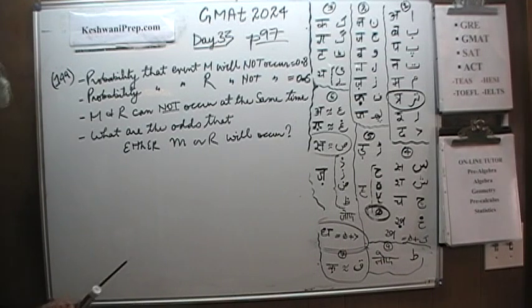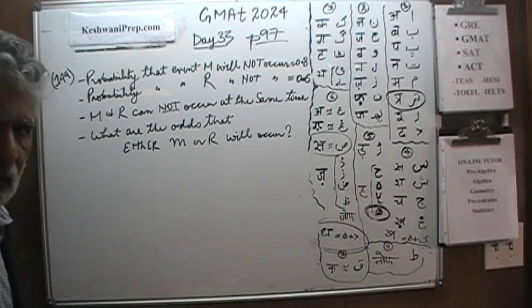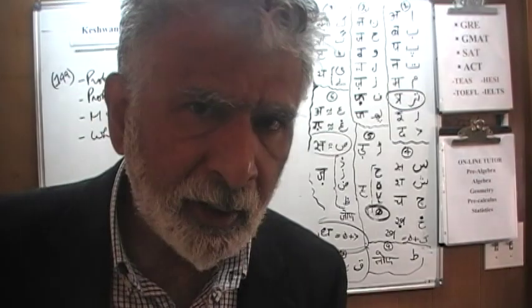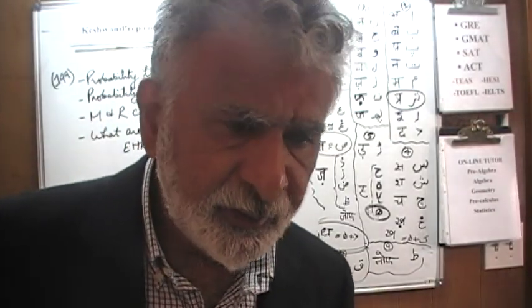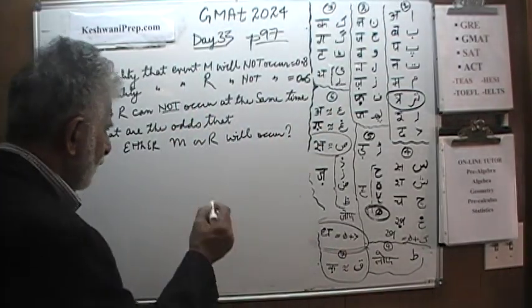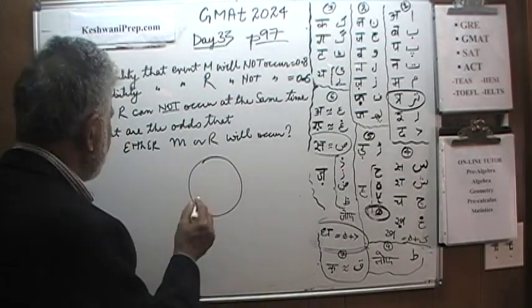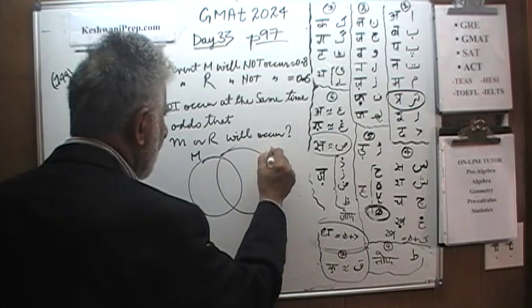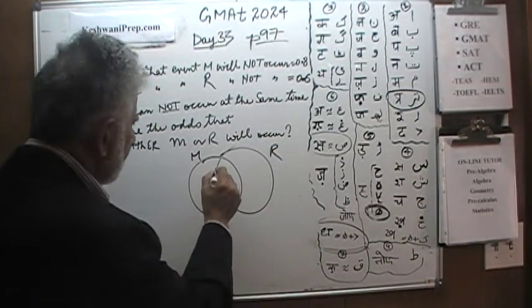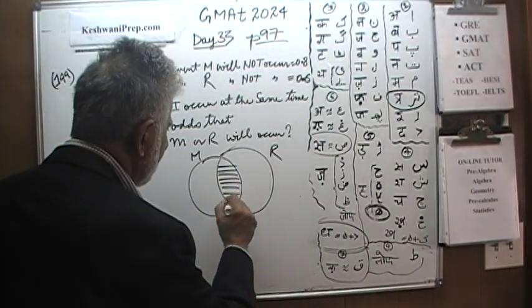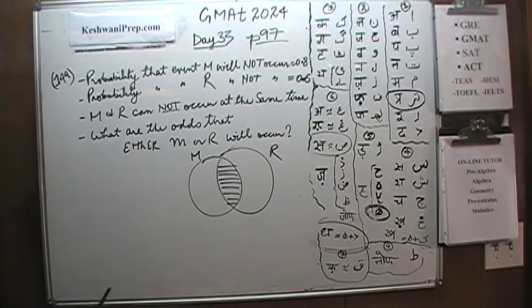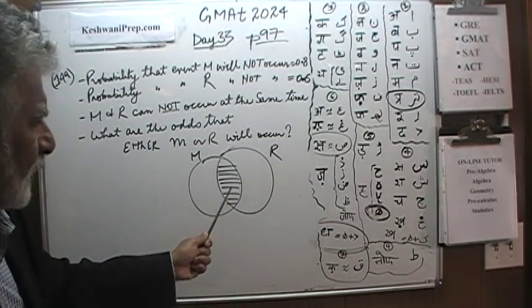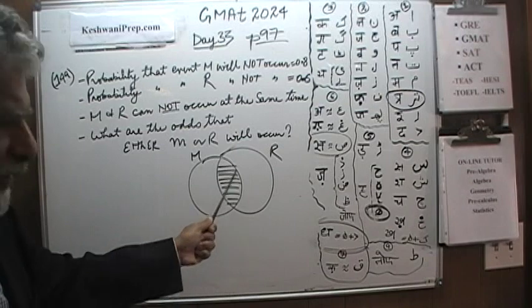So here's what's going on. Let me first explain to you in terms of Venn diagram, even though Venn diagram is not necessary here because it's very straightforward. If you have an event, let's say M, and another event R, this area that we see that overlaps represents the odds that both M and R will occur at the same time because it's a common area.